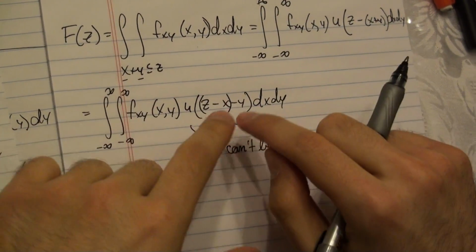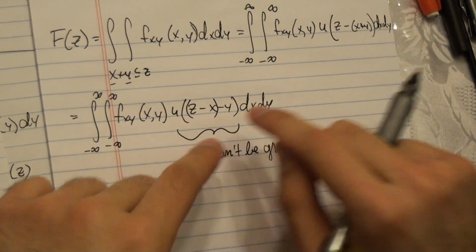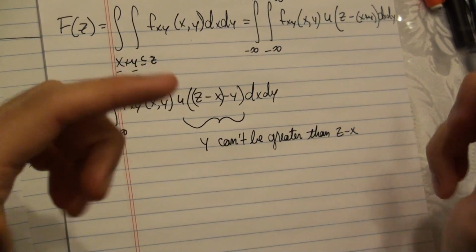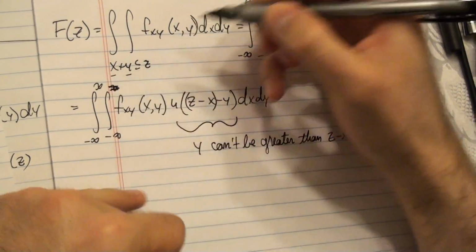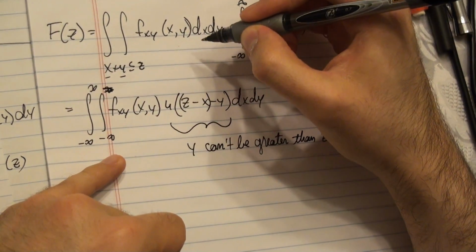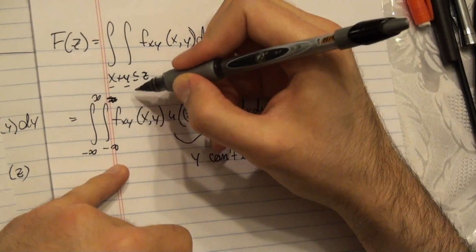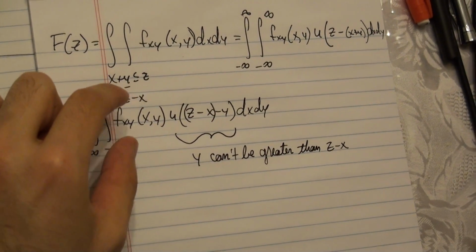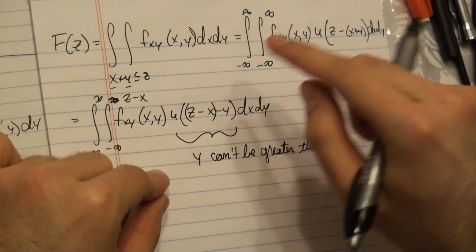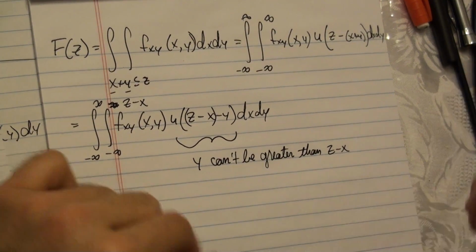Right? So in that case, our limits change. Instead of going from negative infinity to infinity, it's going to go from negative infinity to z minus x. Because only in this interval is this step function equal to 1.